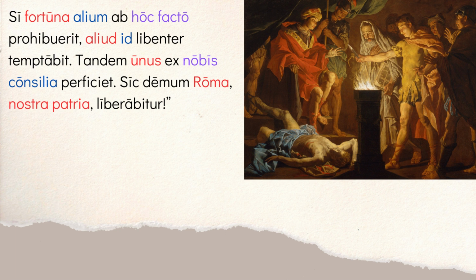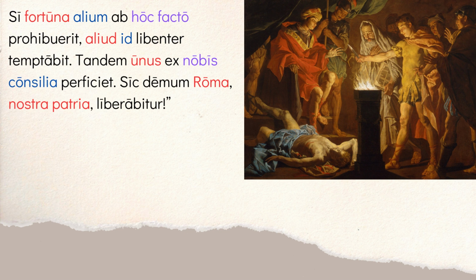So if fortune is going to prevent one of them from accomplishing this deed, aliud id libenter temptabit. Another, that's your aliud, another will try it gladly, libenter, will gladly try it. So he's saying, if you kill one of us, another one is just going to show up because 300 of us have tried this. So he's saying you're always going to be in trouble here.